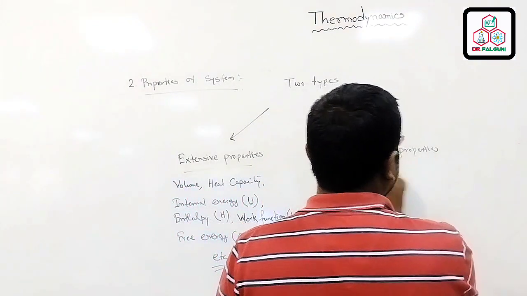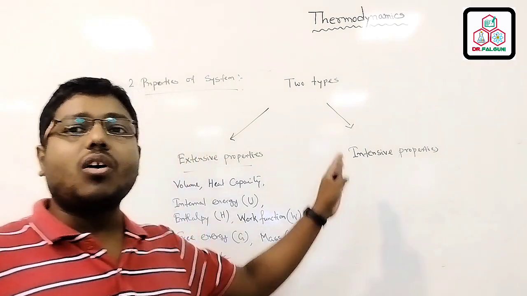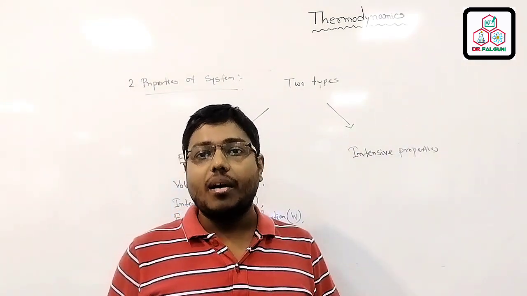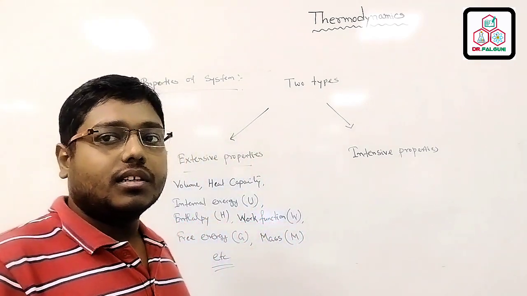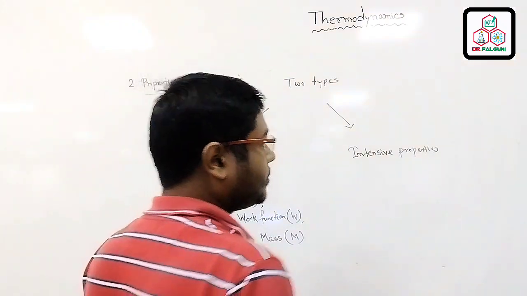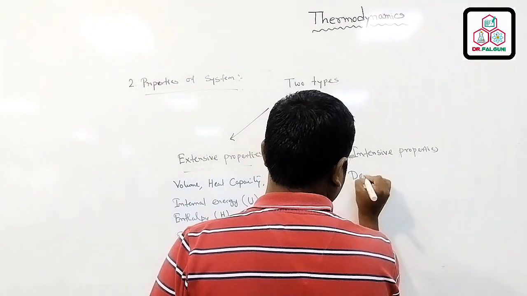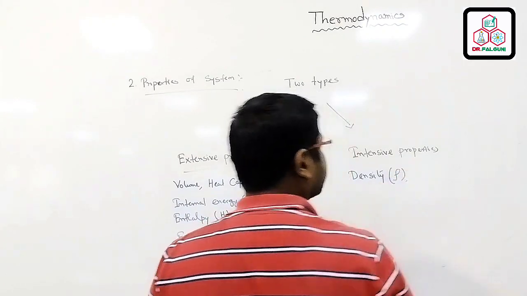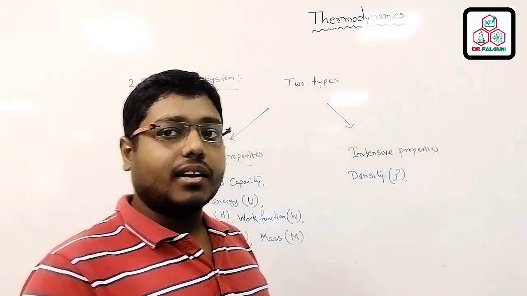What is the example of intensive property? The property does not depend on the amount of materials. That is called the intensive property. That means density, denoted by rho. Density of water.